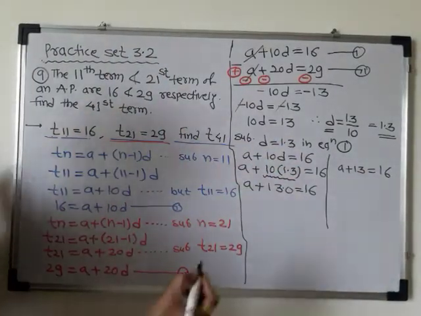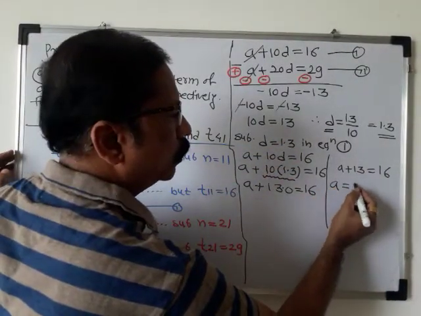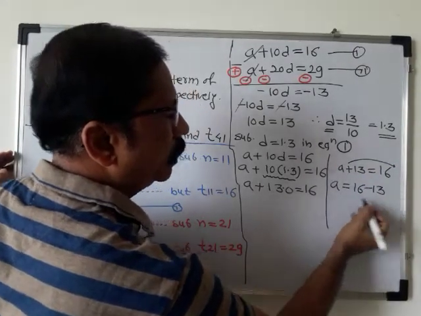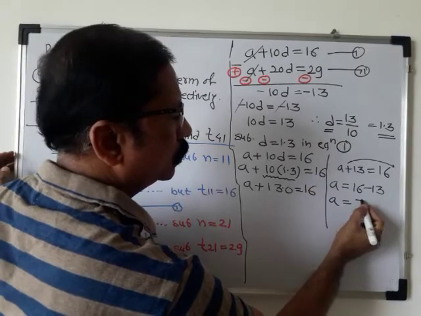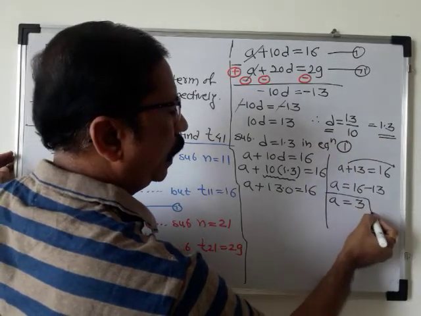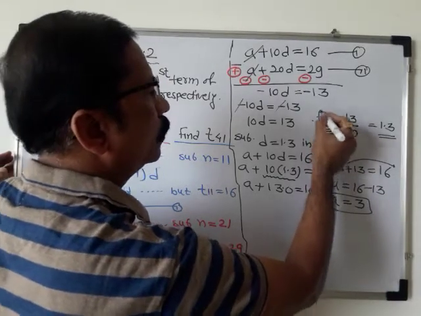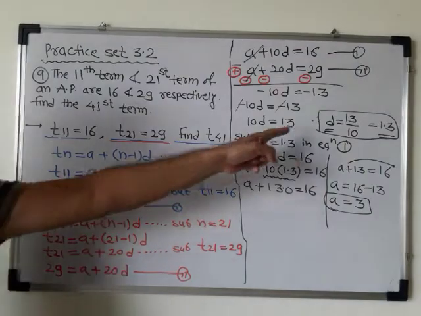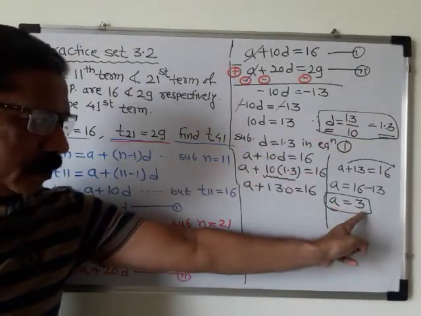So a is equal to 16. After shifting that plus 13 over there, it will become minus. So you got d is equal to 1.3 and a is equal to 3. These are the two values. D is 1.3, a is 3.